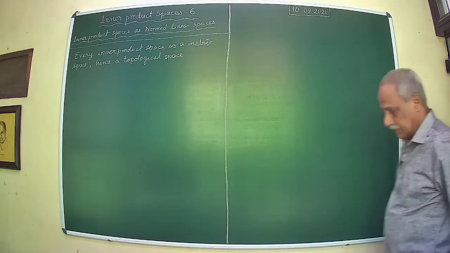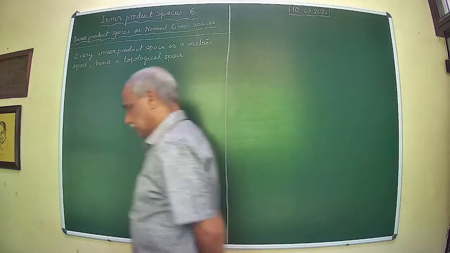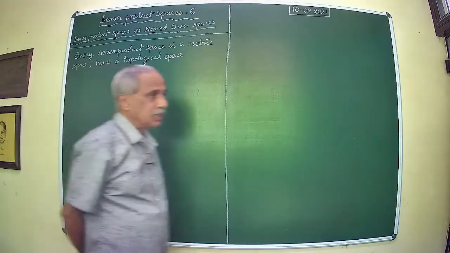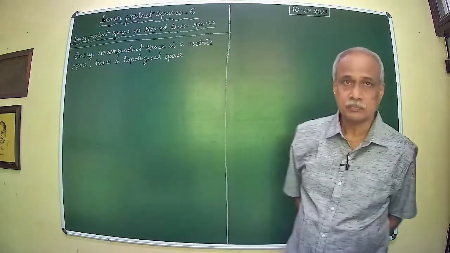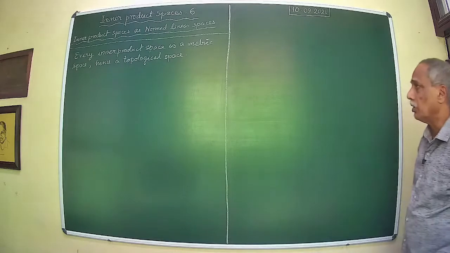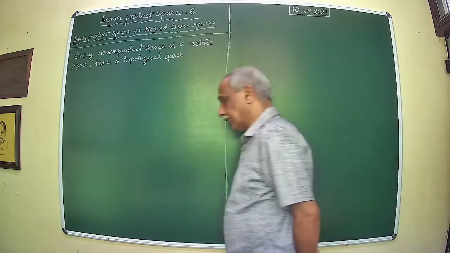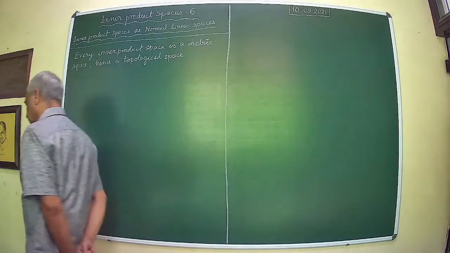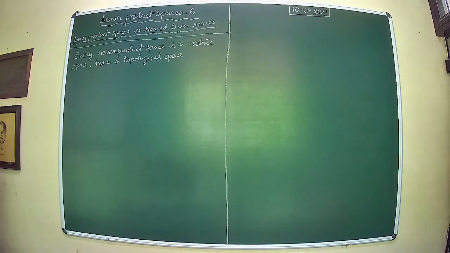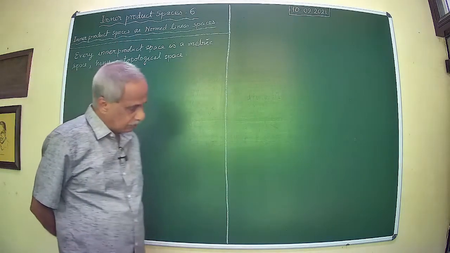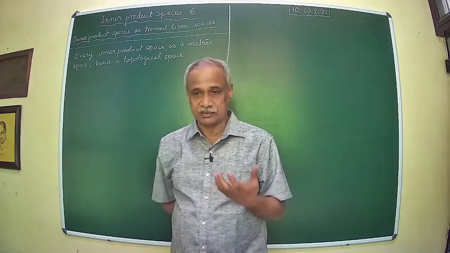And we also observed that the Cauchy-Schwarz inequality plays an important role in proving that what we have defined as the norm induces a length concept. So the Cauchy-Schwarz inequality is vital in this regard.